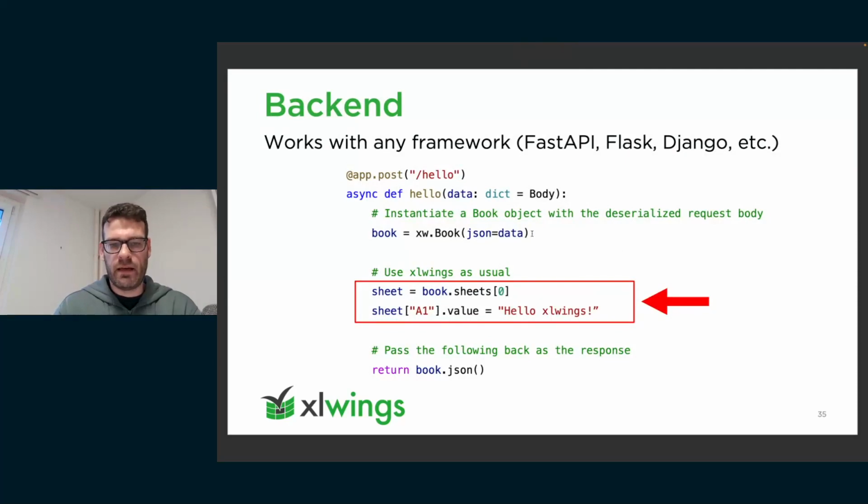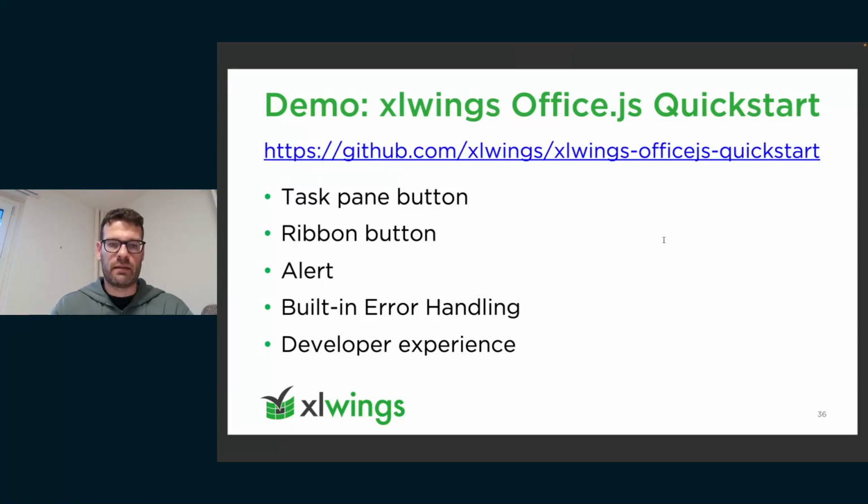And then there's a little bit of boilerplate code at the beginning and at the end of the request. And other than that, we are back to standard classic xlwings syntax. So that is absolutely how you use xlwings every day if you use the classic local version. So that's how the front end and the back end are set up.